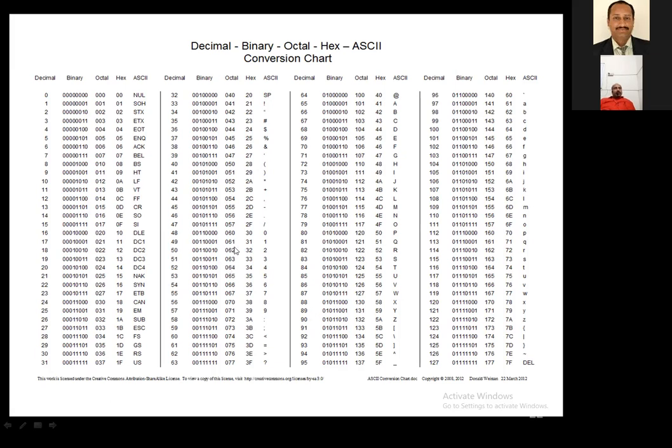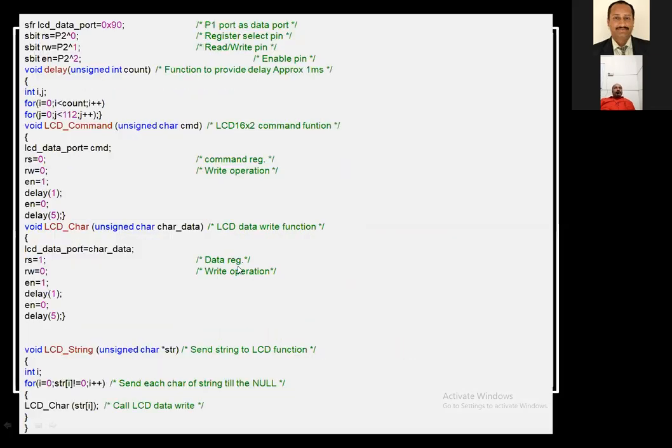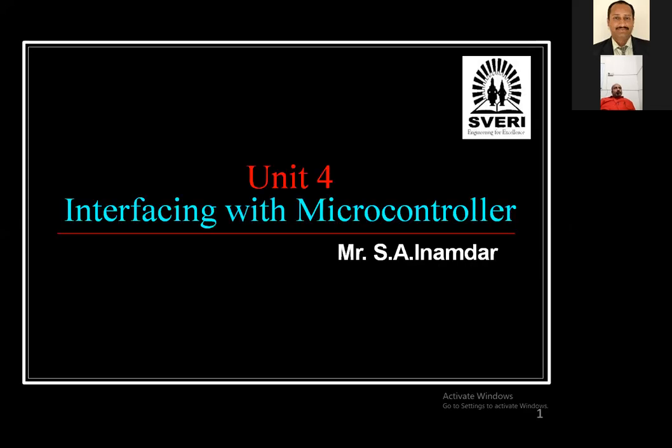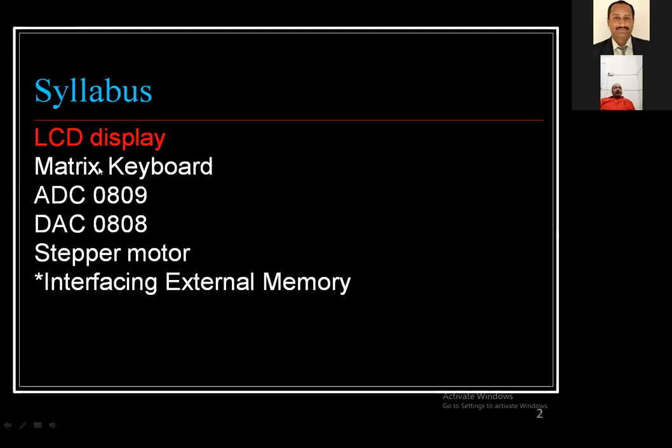We will continue with the remaining interfacing as we have seen in the syllabus. You can check it out here: the matrix keyboard and all this we are going to learn in the next session. What is DAC, ADC? That also, as much as possible, we will cover in the next session.